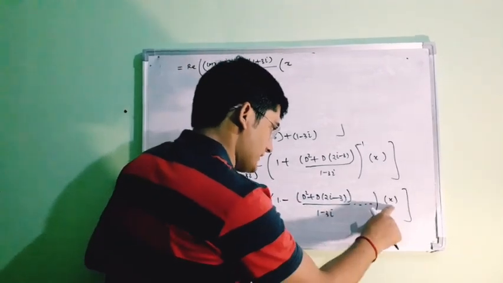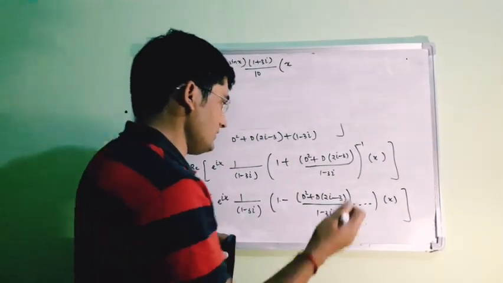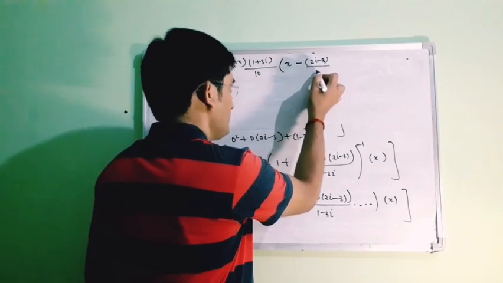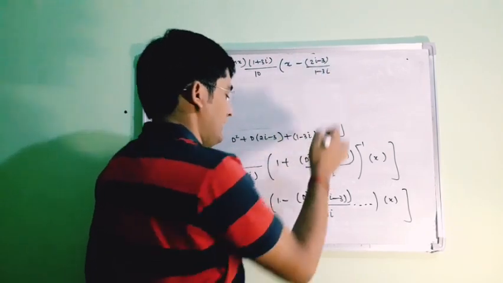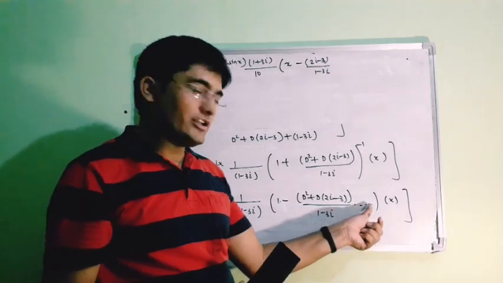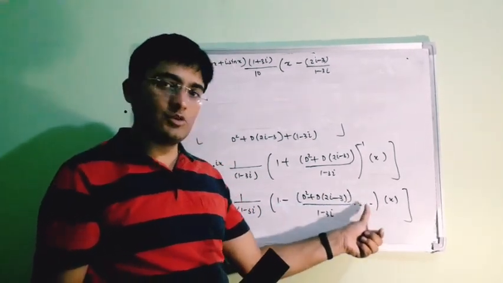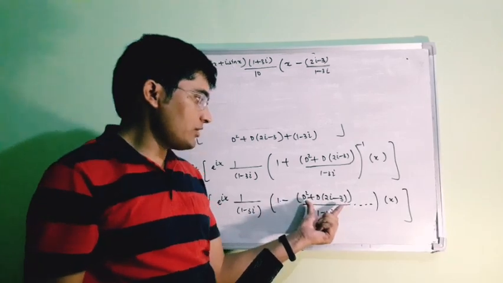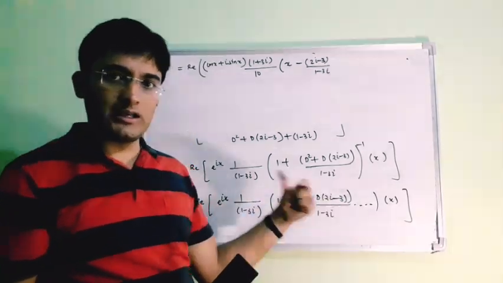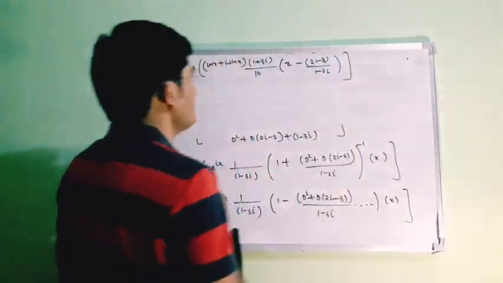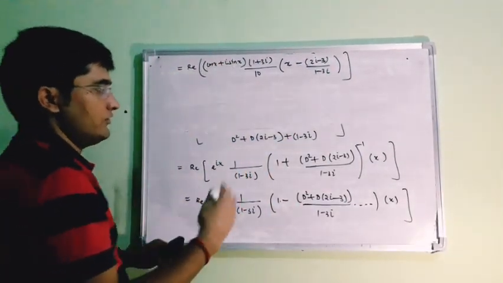Now d of x means the derivative of x is 1, so we will have 2i minus 3 divided by 1 minus 3i, and the remaining terms will vanish because the next term will be the square of this term, and square of this term means d power 4, d square and 2d cube. So the remaining terms are 0, so this is your final calculation.